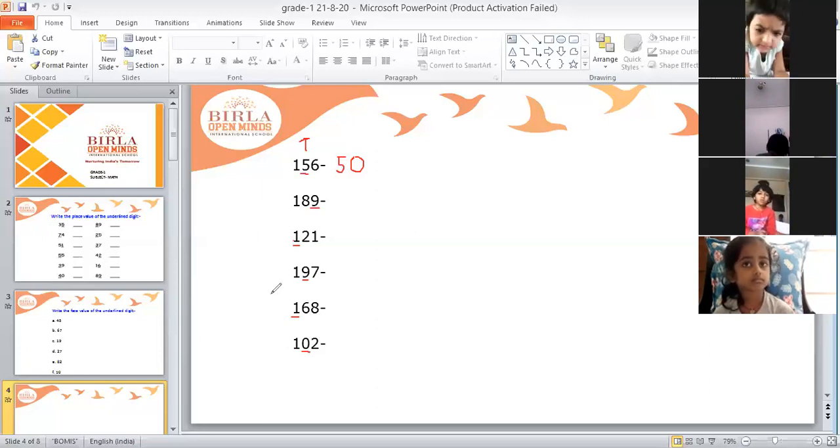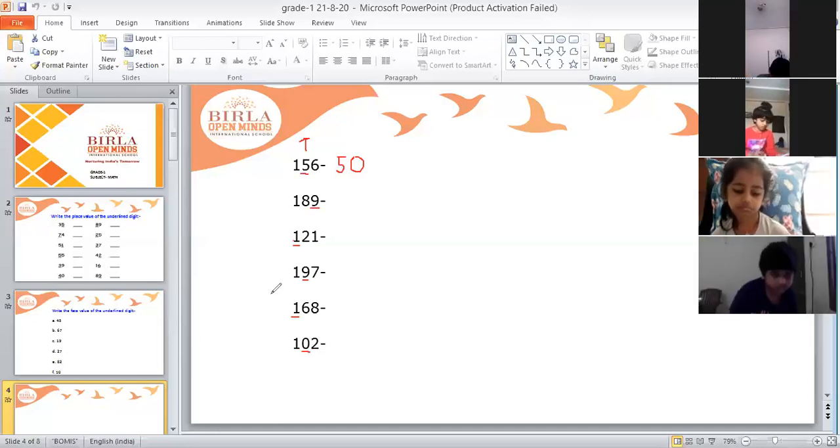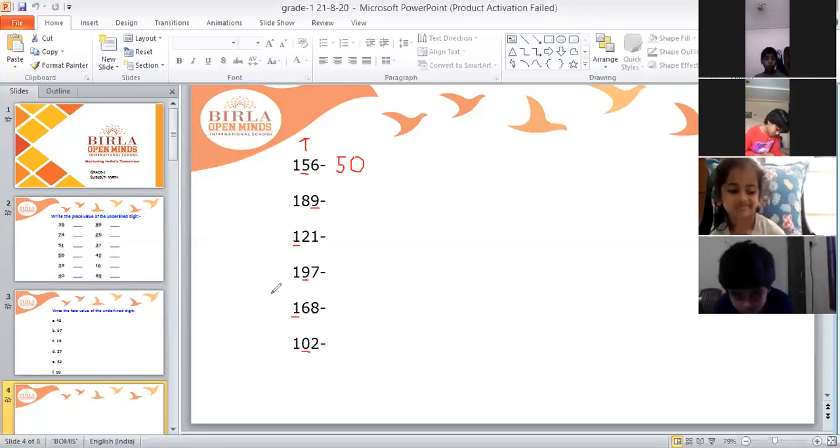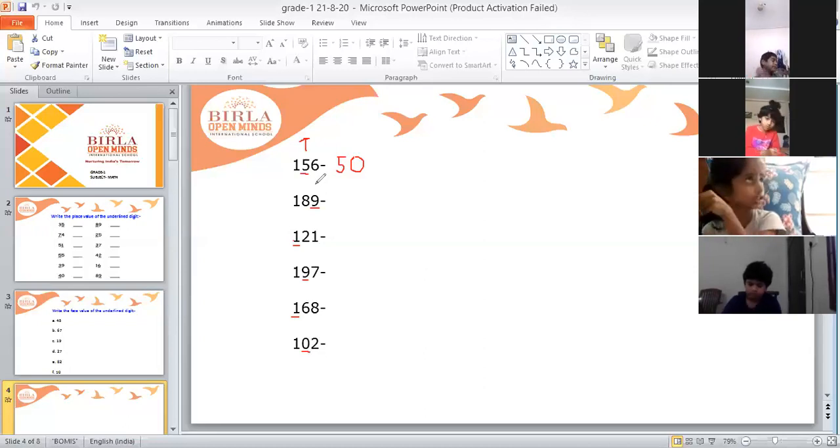And what is the place value of 9 in number 189? 90. Not 90, Mana. 9 is in which place? Ones, tens, or hundreds? 100. No, that's wrong. We always start from left to right.